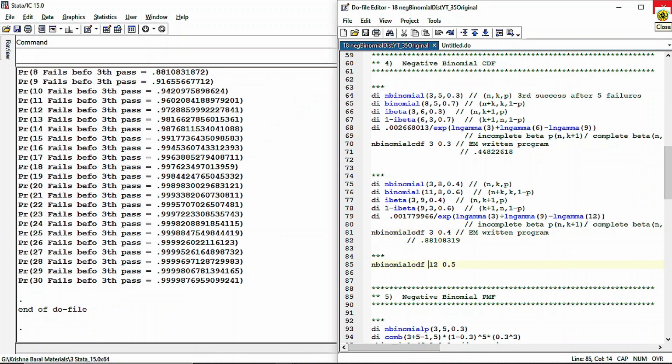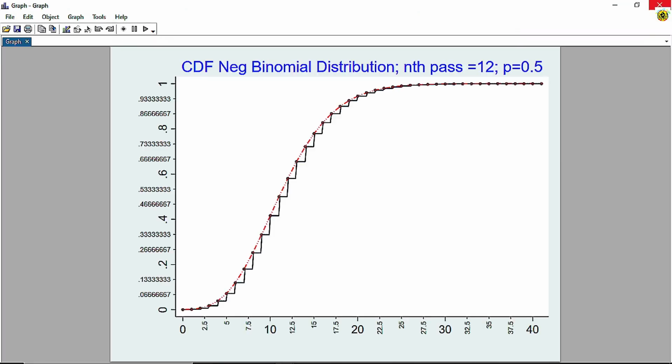Similarly, we can put any values over here, like the nth success and the probability of success. Now we have increased the probability of success. Once we increase the probability of success, the span for the number of failures should decrease, and this is what we get. The ladder nature of the graph indicates that the negative binomial distribution is a discrete distribution.